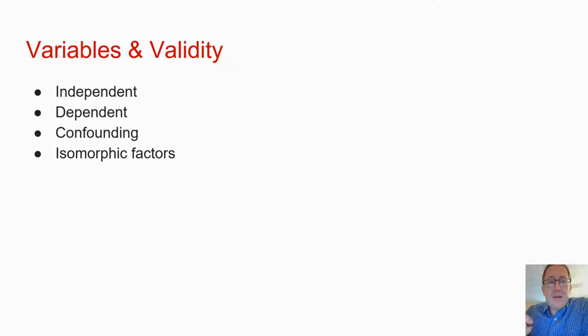And then there's also something we're going to call isomorphic factors, or isomorphism. We're going to talk about this maybe a little later if we need it for your experiments, if you're doing experiments. All of your exams are supposed to be isomorphic. As in, I can take one exam and give it to one class one year.